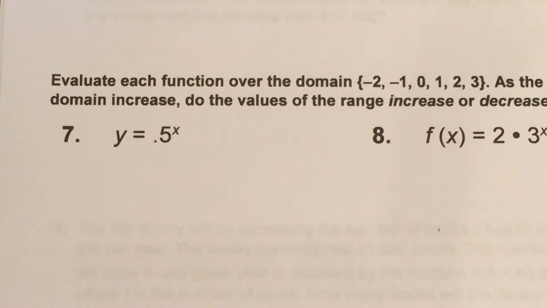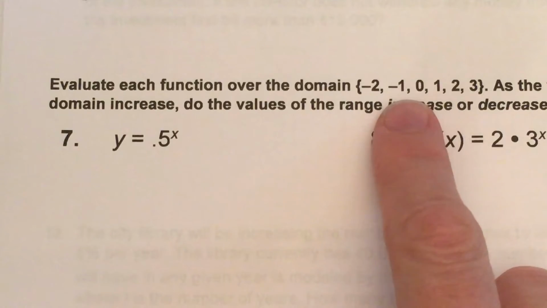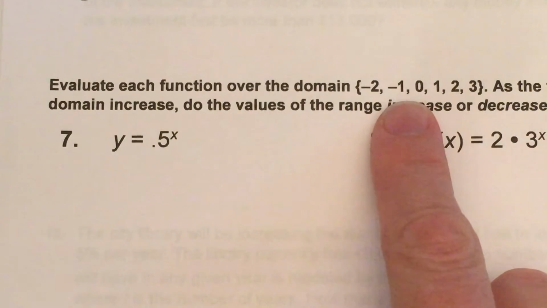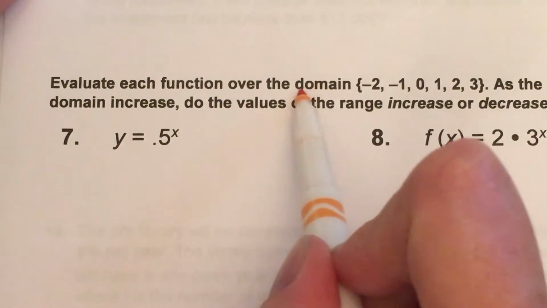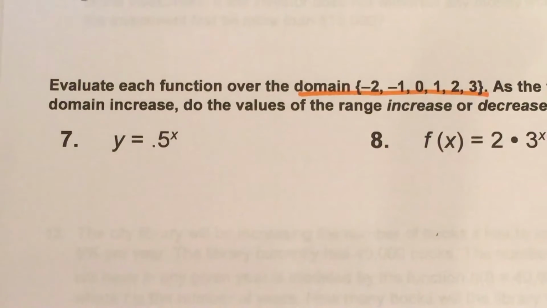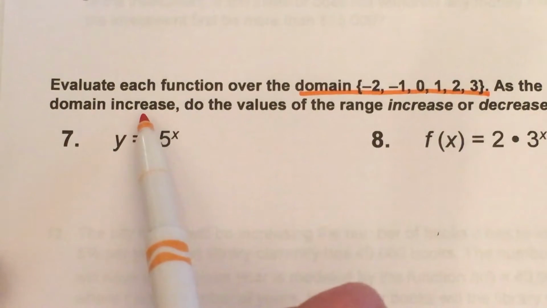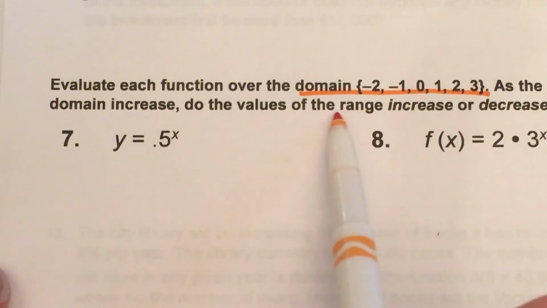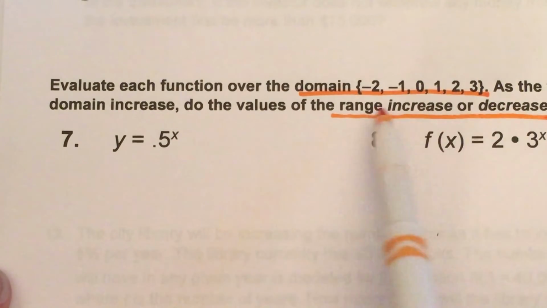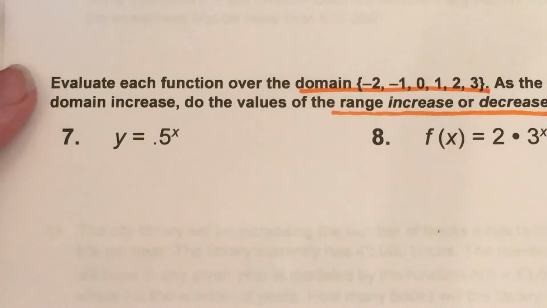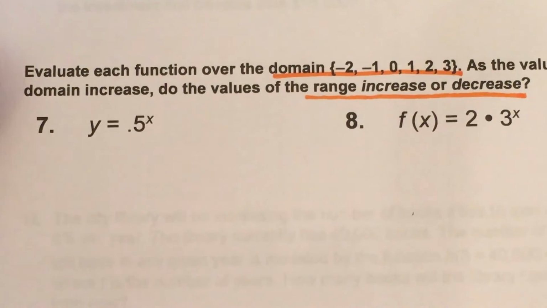Let's look at number 7. So number 7 says evaluate the function if you have this specifically given domain. Let's underline this. And then we want to know, as the domain increases, as it grows, does the range increase or decrease? That's what we need to find out.